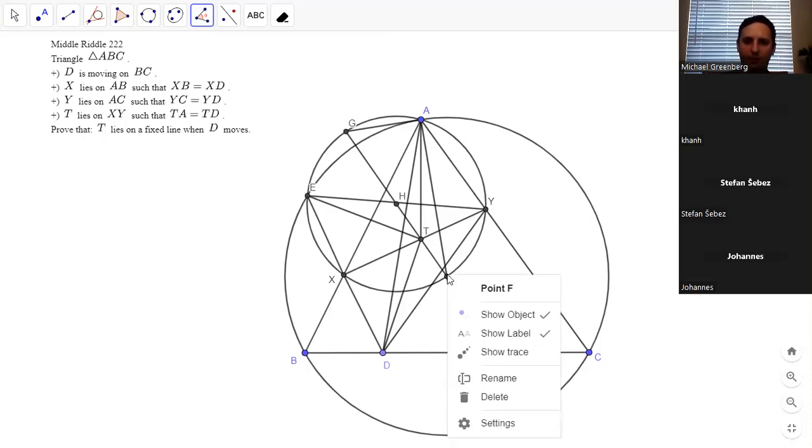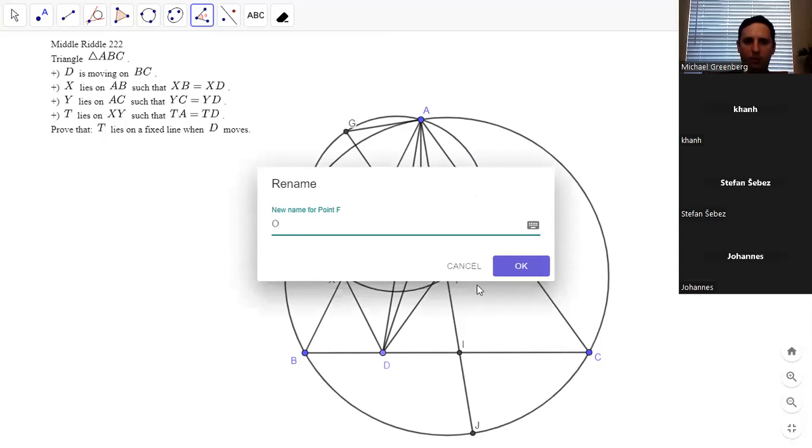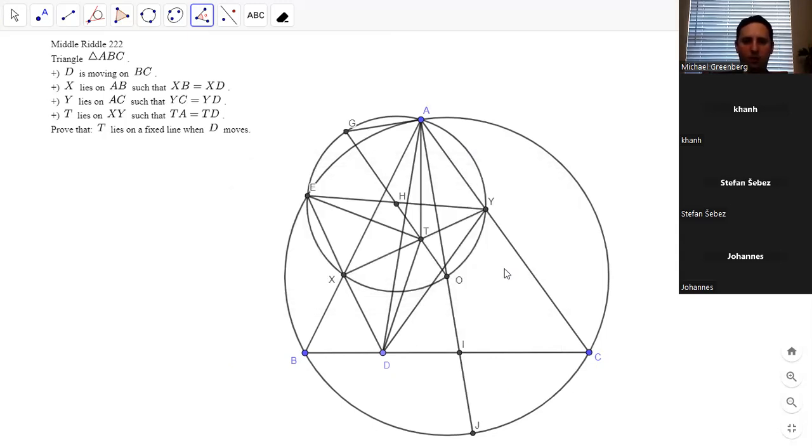Might as well call this O instead of F. So OX and OY are like Cevians in AOB and AOC.